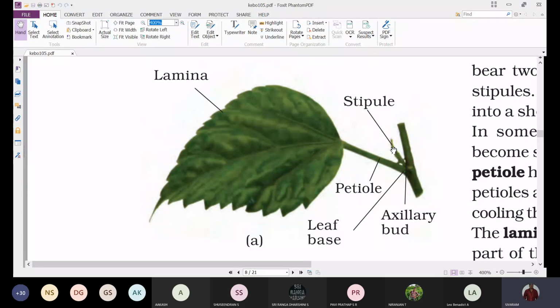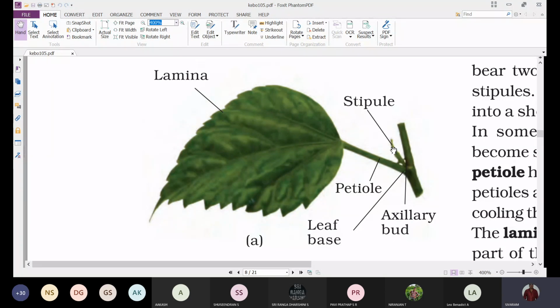The lateral structures arising from this midrib, we call veins. And the small veins arising from these lateral veins, we call veinlets.